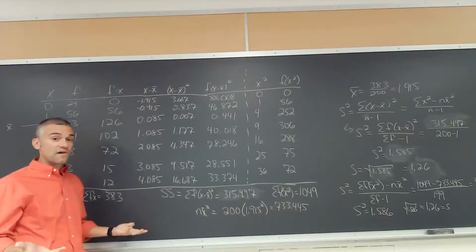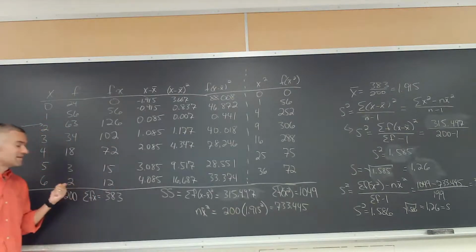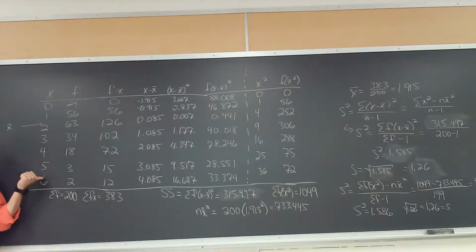Now, how do we do this in R? We have a frequency. How did we do the means when we have a frequency table? We did 2 vectors, x and f, and then what do we do?